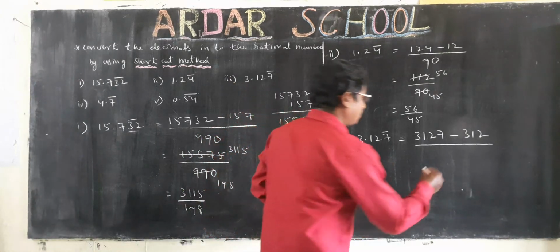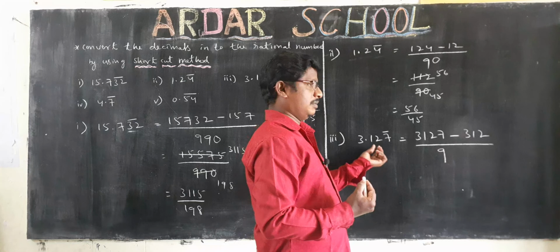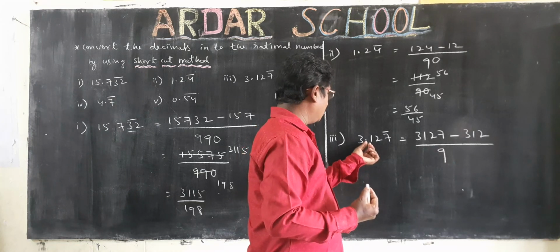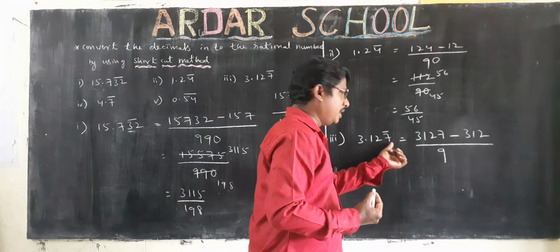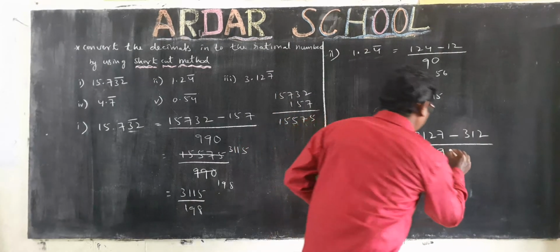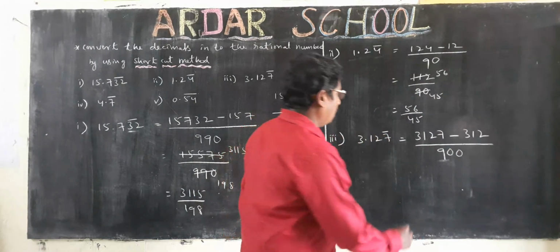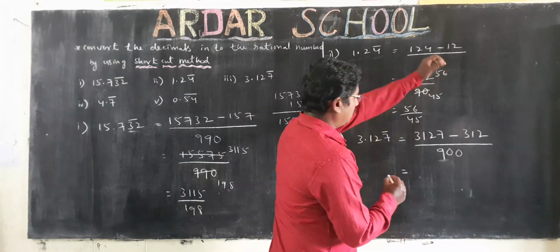So I write one 9. How many digits are between the decimal point and the recurring part? 2 decimals are there, so I write 2 zeros. Next, subtract these two.